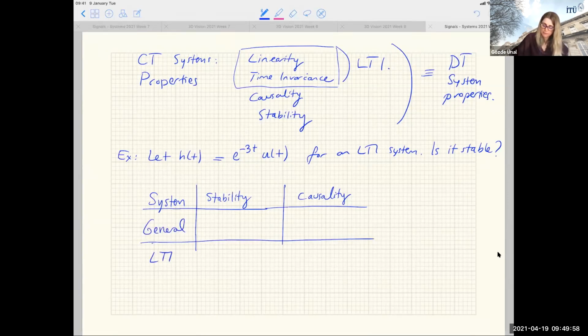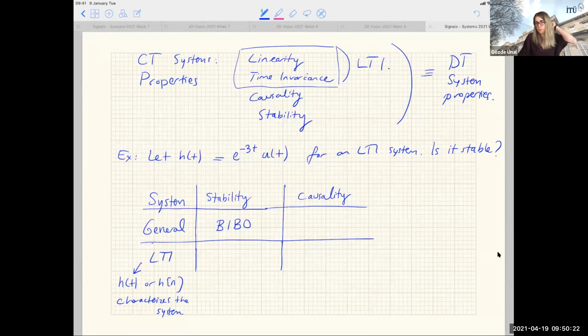Remember, for an LTI system, h of t, or h of n for discrete time, characterizes the system. So I can look at the impulse response to see whether this system is stable or not. This was bounded input, bounded output stability though.